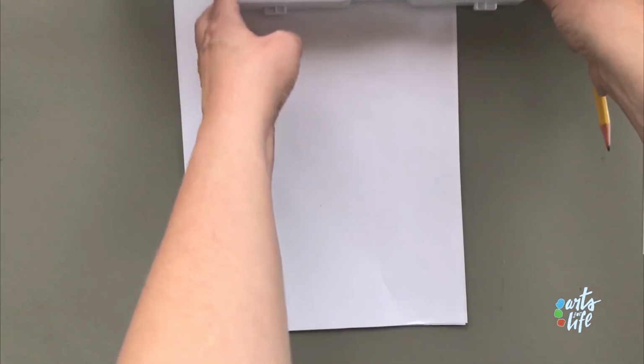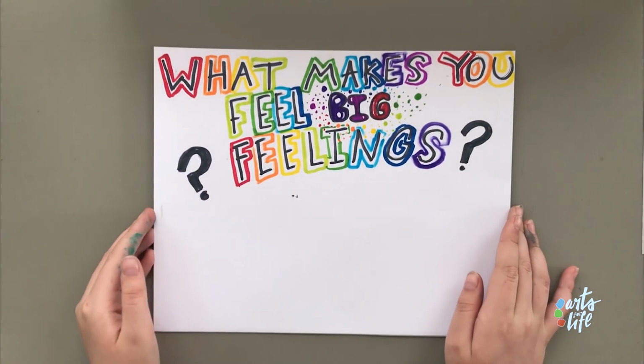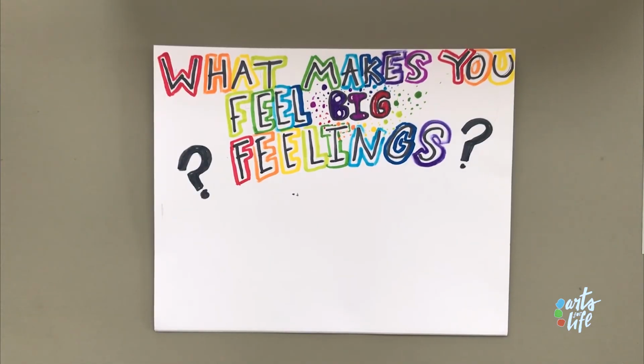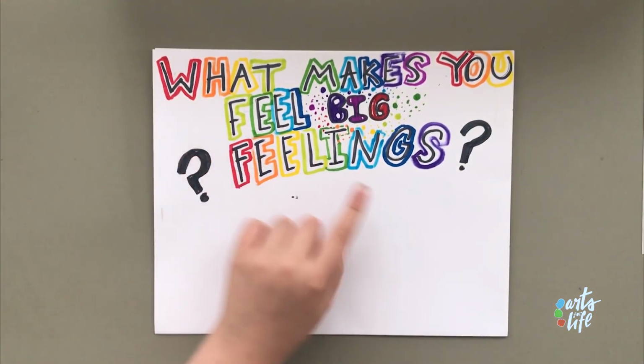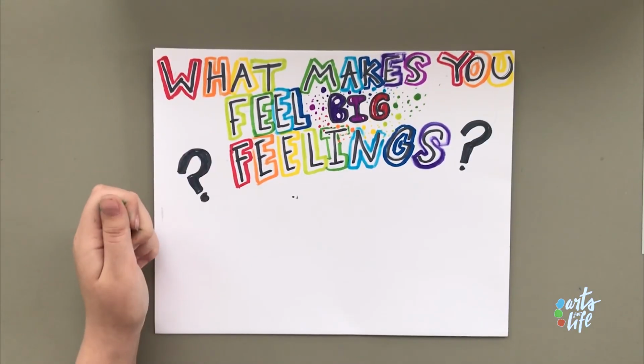Edie's going to talk a little bit about how to decide what to write on your poster. So, before you start making your poster, you want to think about ideas of what you're going to put on it, and we have questions that can help you figure that out. The first question is, what makes you feel big feelings?